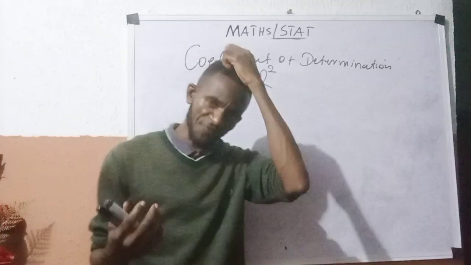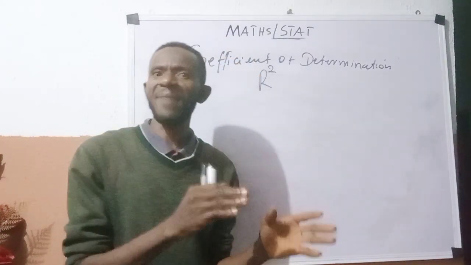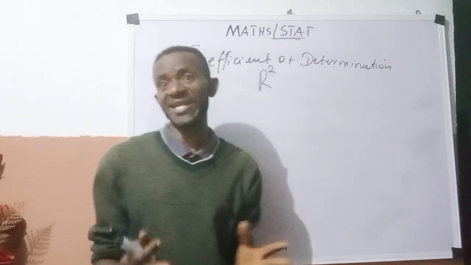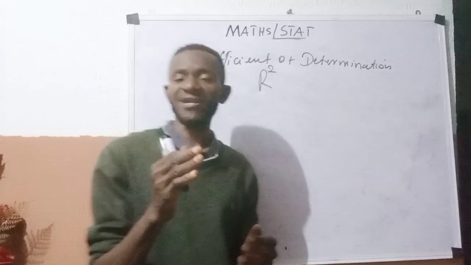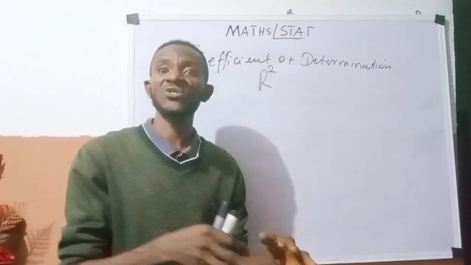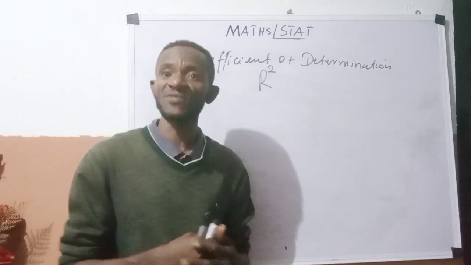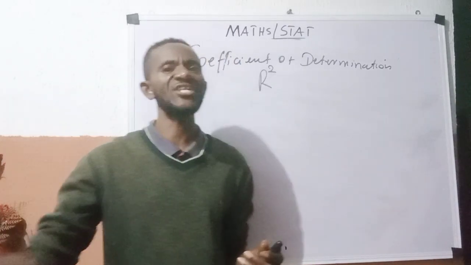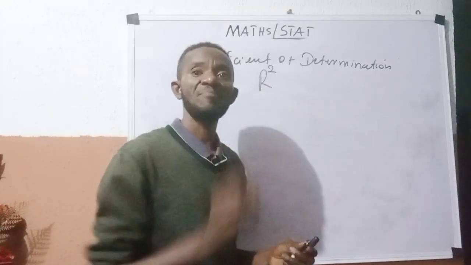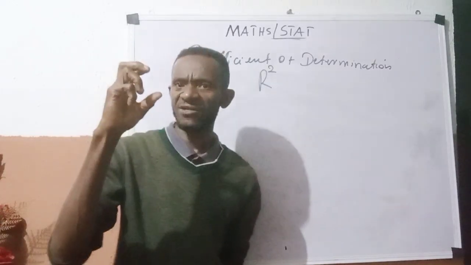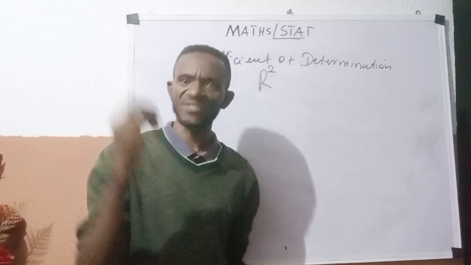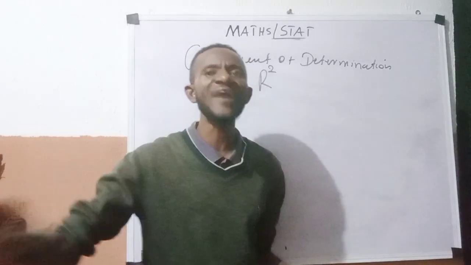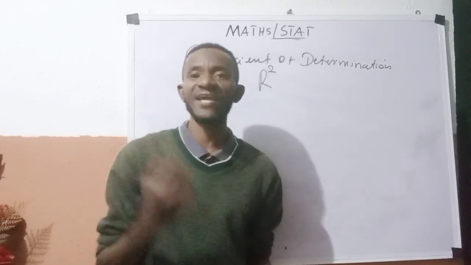Therefore, when we talk about variation that exists in the dependent variable, we can see clearly there are different kinds of variation that can exist in the response variable: the variation that can be explained by our model and the variations that cannot be explained by our model. So there are two sources of variations there, which we call explained variation and unexplained variation.